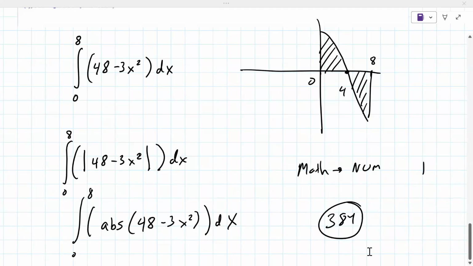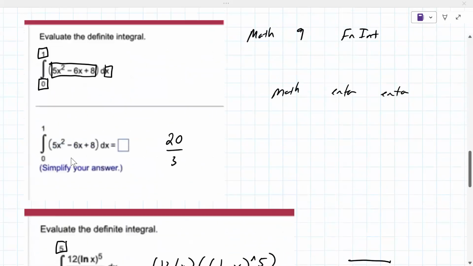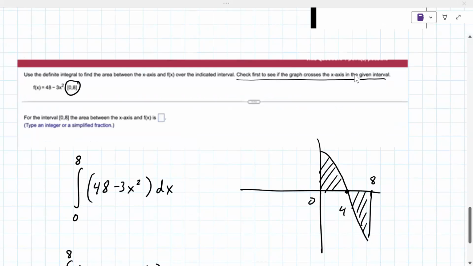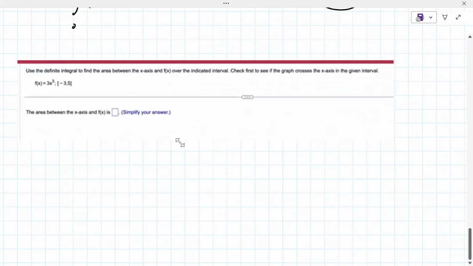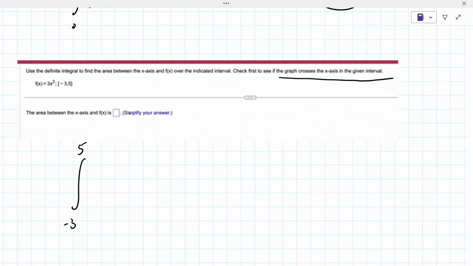All right. Next one. Like the previous ones we did, you could have put it in absolute value. You don't have to on these, but when you see that wording to first see if the graph crosses, that's when you have to use absolute value, because there's some area above and below. This one says the same thing. So when you're integrating here from -3 to 5, you want to do the absolute value of 3x cubed dx like that.